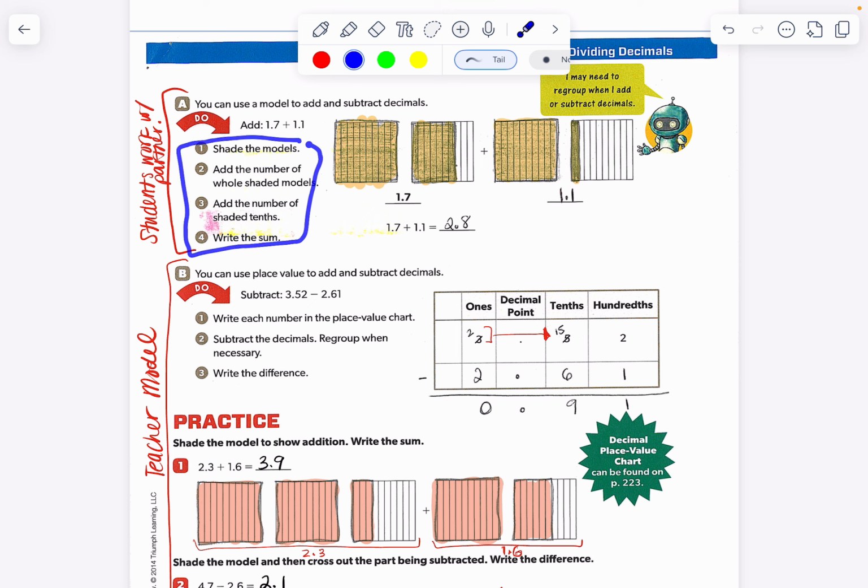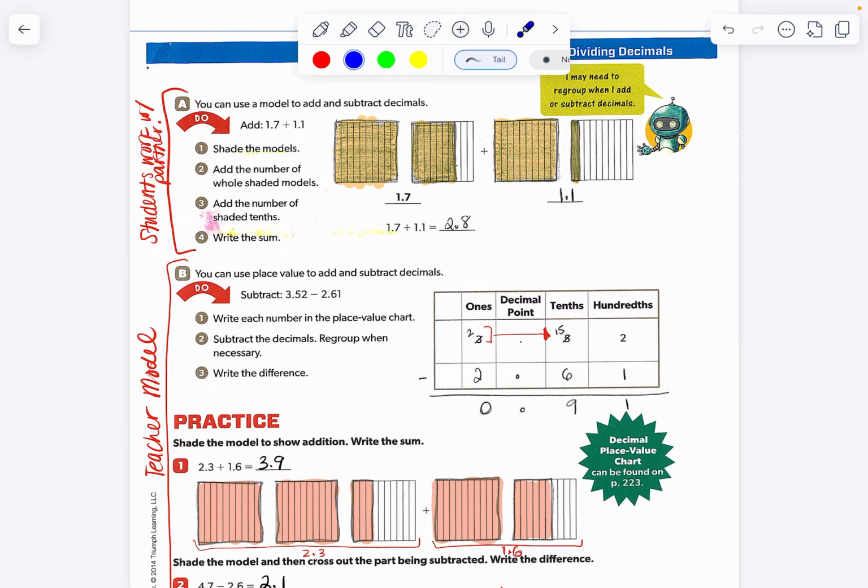So they're going to shade in 1 whole and 7/10 in one part of the model. And then in the other part of the model, they are going to shade in 1 entire whole and only 1/10.